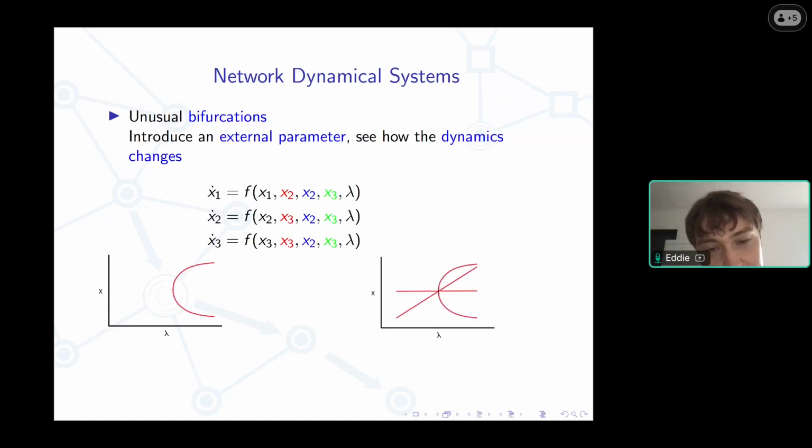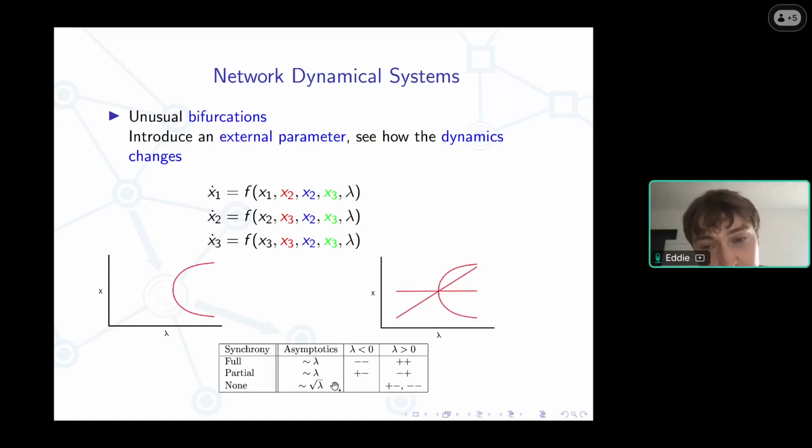So here's the corresponding table for what's happening here. So essentially two steady states go in and four come out, or the other way around. You can always have lambda goes to minus lambda and see the other picture. Some of these branches are fully synchronous, right? One is fully synchronous, one is partially synchronous, where x2 is x3, and this branch over here has no synchrony whatsoever.